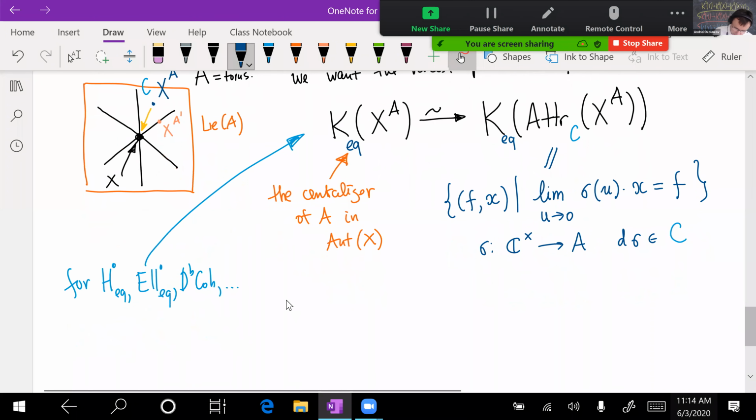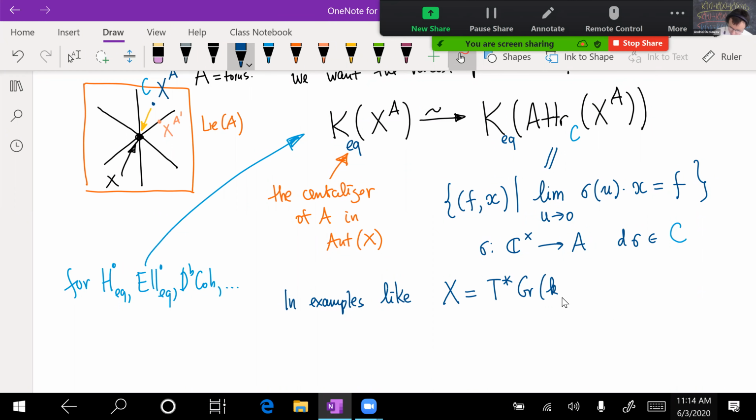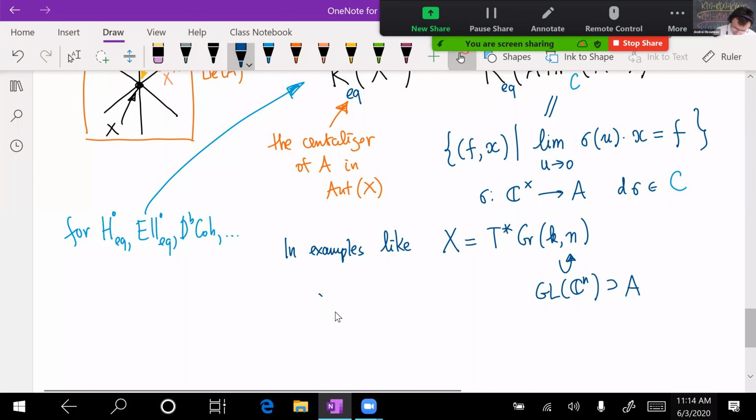In examples like X being T star Grassmannian of k-dimensional subspaces in n-dimensional space, there was this action of GL_n of C^n, and A was sitting in here. And then the special thing that happens is that all these fixed loci are products of varieties of the same kind.